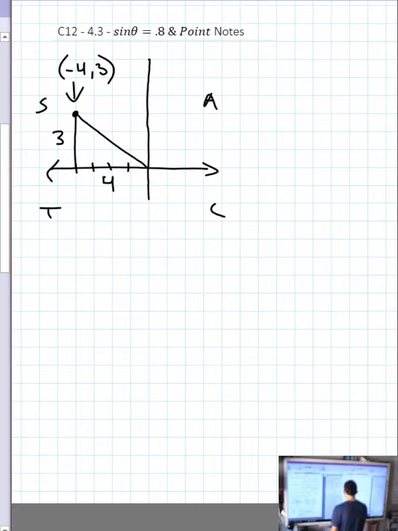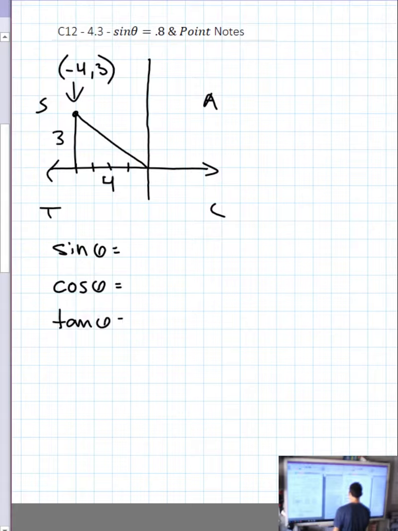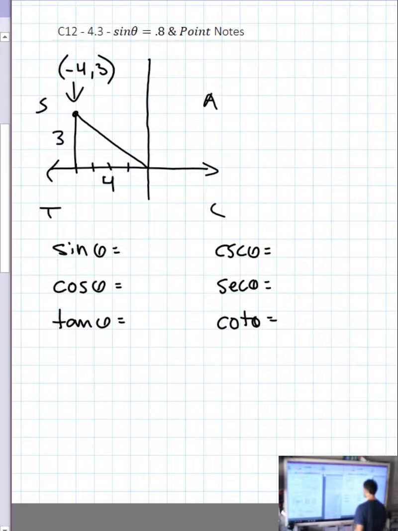So let's say what sine theta is equal to, what cosine theta is equal to, what tan theta is equal to, and what cosecant theta is equal to, what secant theta is equal to, and what cotan theta is equal to. Well, sine theta is opposite over hypotenuse, so I need to find the hypotenuse.